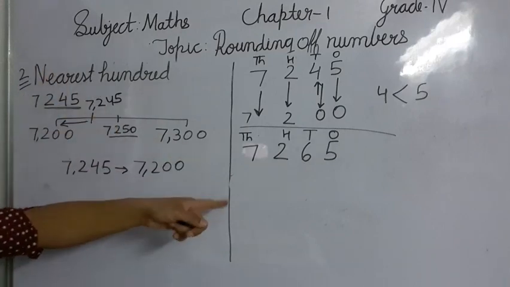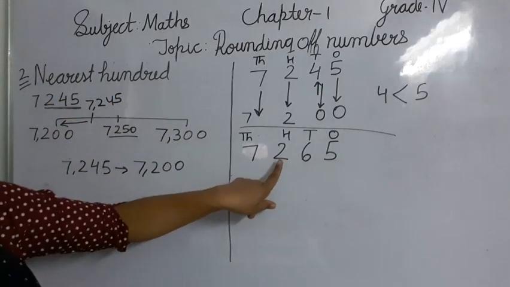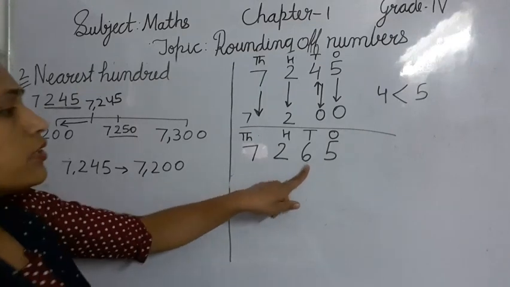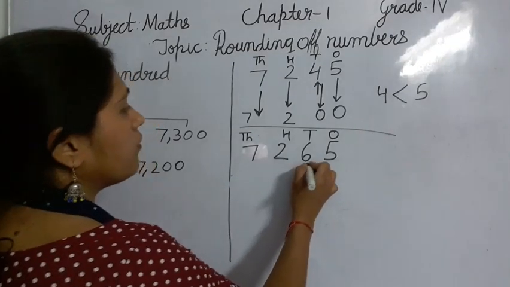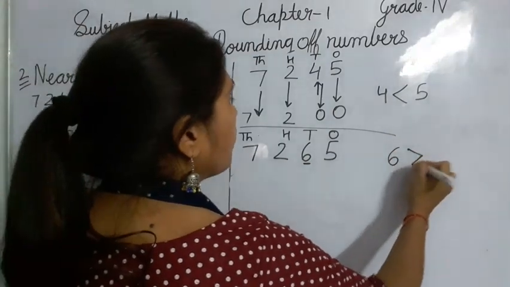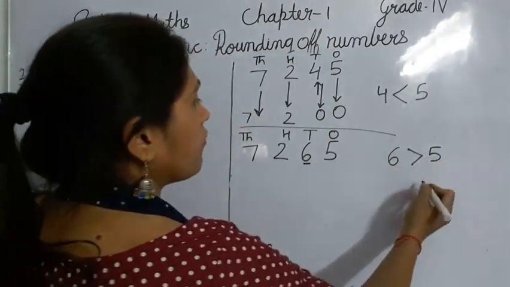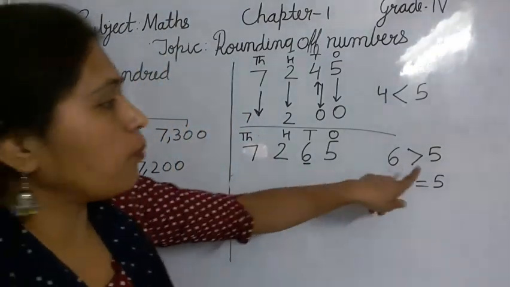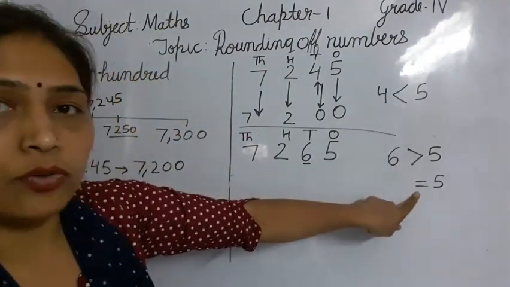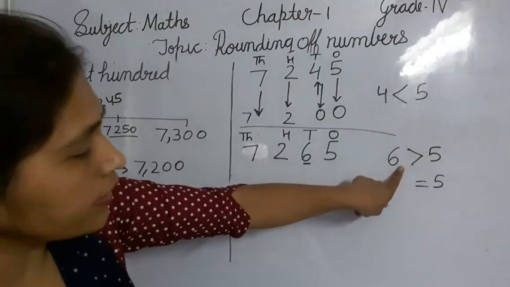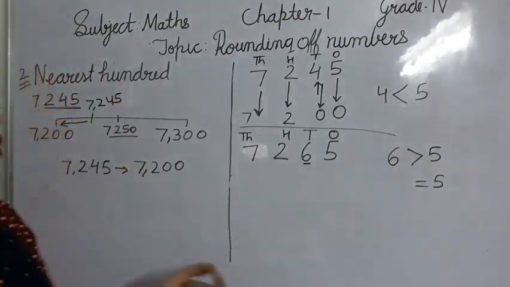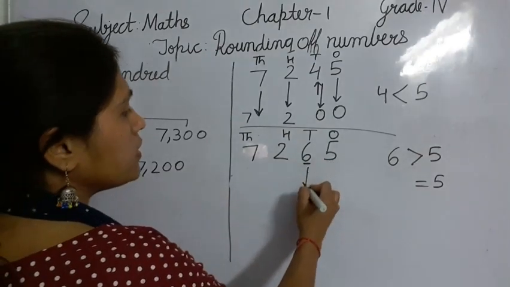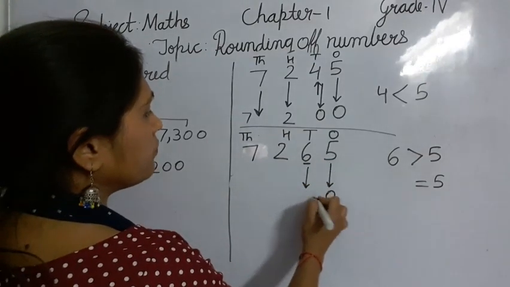We have to round off this number to the nearest 100. When we have to round to the nearest 100, we have to compare the tens digit. So here we have 6. 6 is greater than 5. This condition is applied for both greater than 5 or equal to 5. If this digit is greater than or equal to 5, what will we do? Again the same procedure, these two numbers will be replaced with 0.